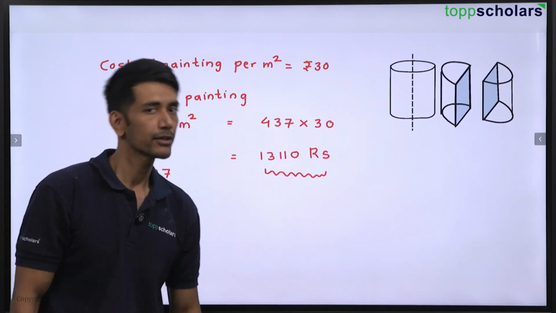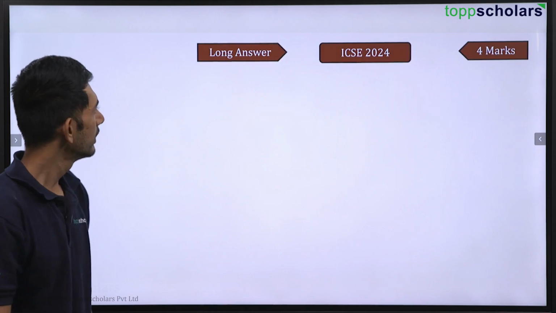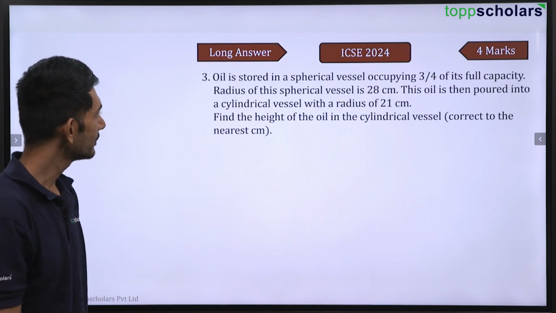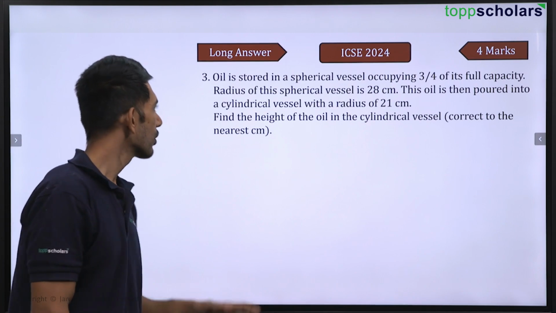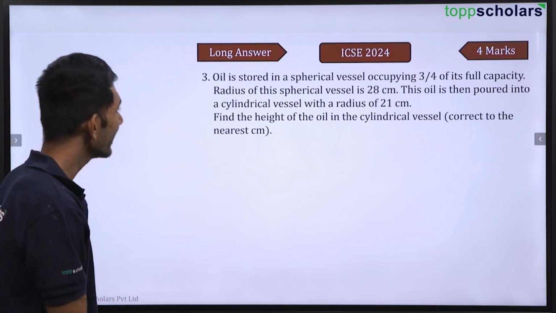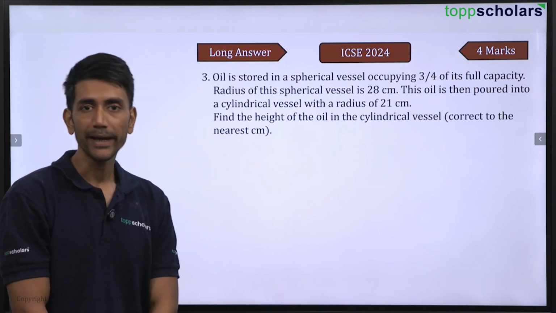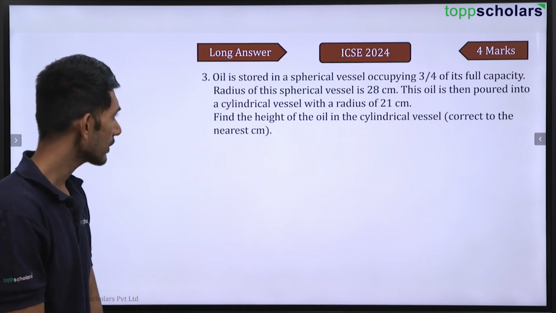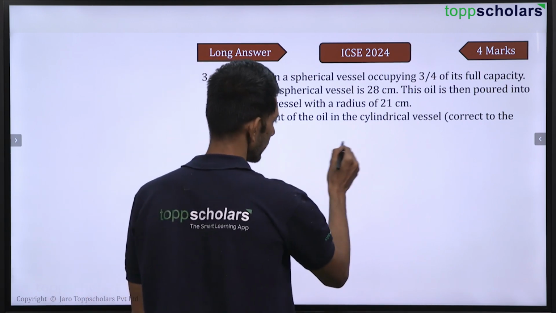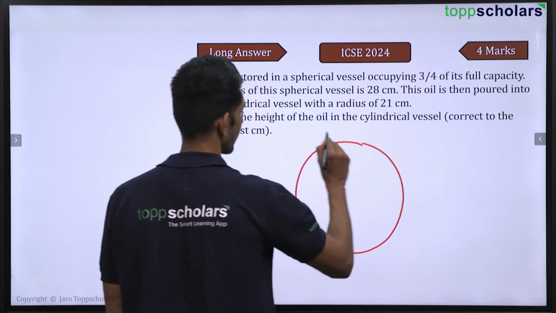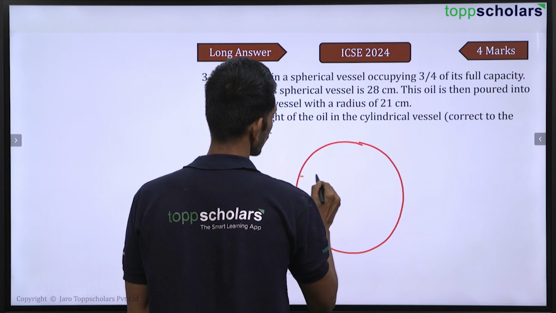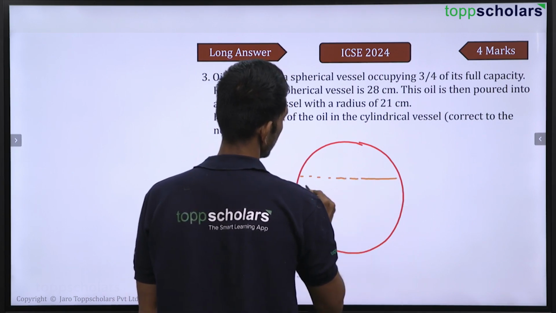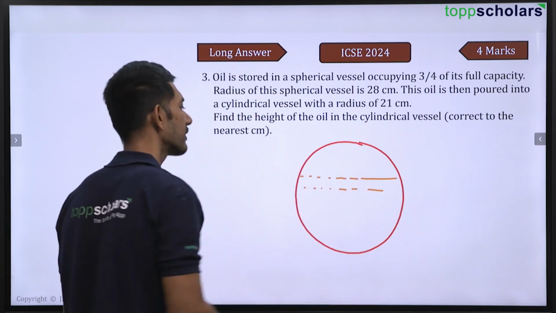I hope this question is clear to all of you. Okay, let's continue with one more question. So the question says, oil is stored in a spherical vessel occupying 3/4 of its full capacity. So there is a spherical vessel like this. So there is oil stored, but not the entire sphere is filled.